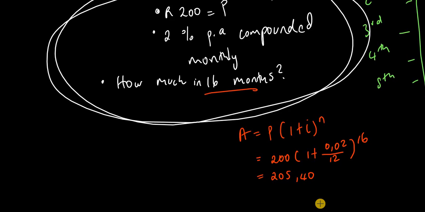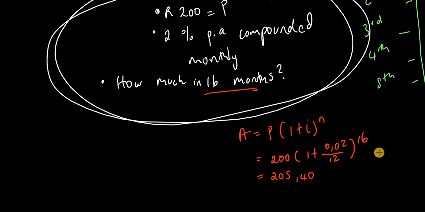What you must simply understand is that if it's monthly, and I ask how much will I have in this number of months, because it's already a number of months, you put months there. I know there are those who multiplied 16 by 12. That's very wrong, okay?